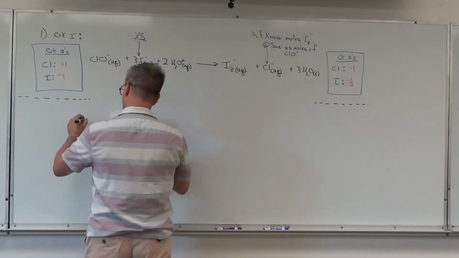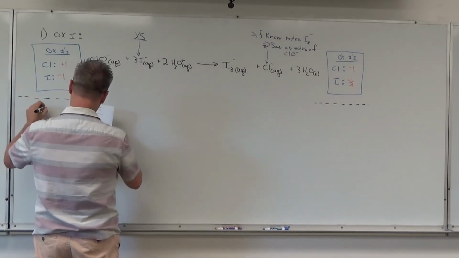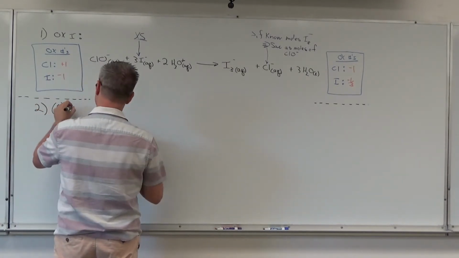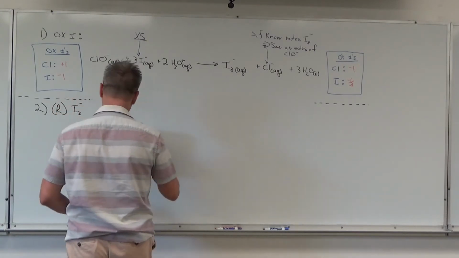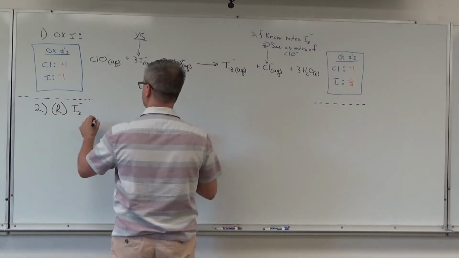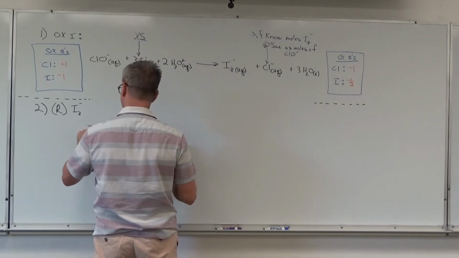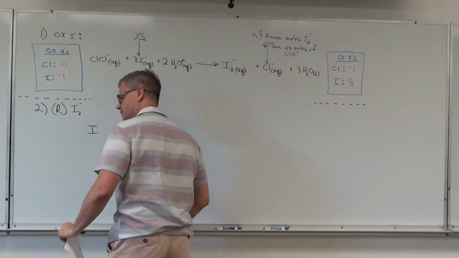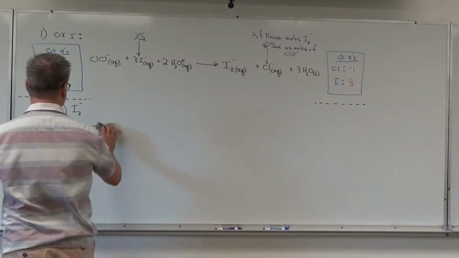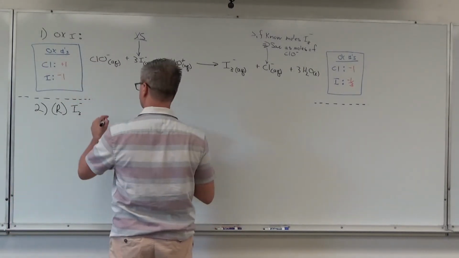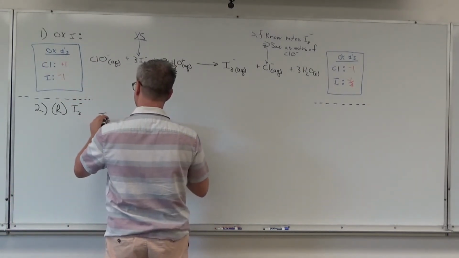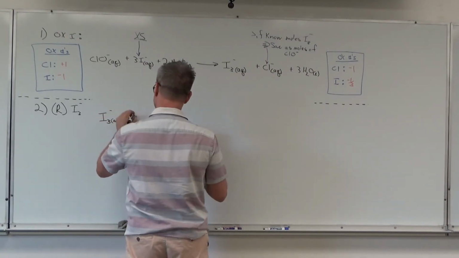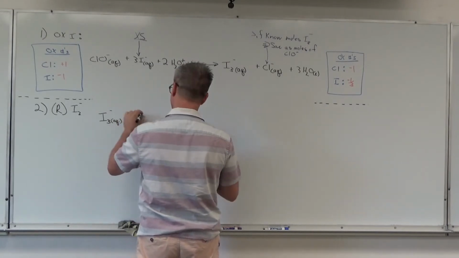That is reaction 2, a reduction, capital R for reduction, of triiodide. It's going to look like triiodide, aqueous solution, plus sodium thiosulfate. It's actually 2 sodium thiosulfates.